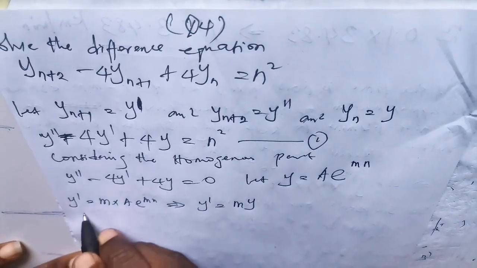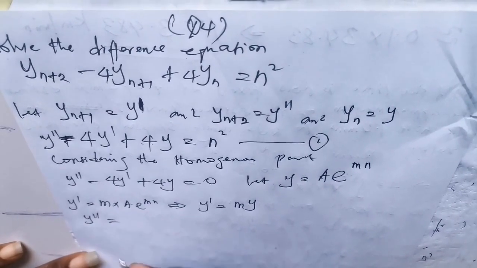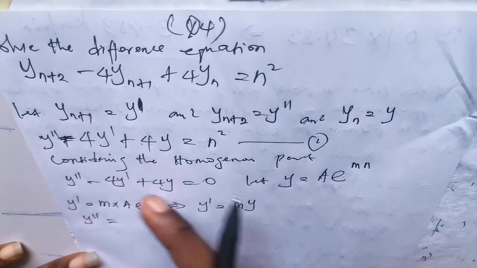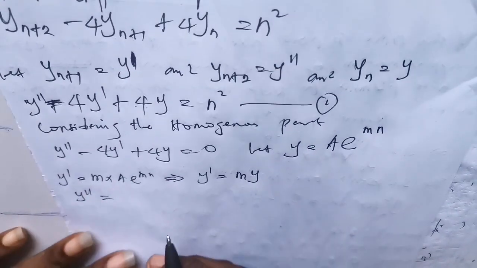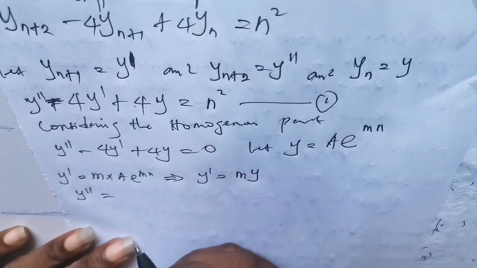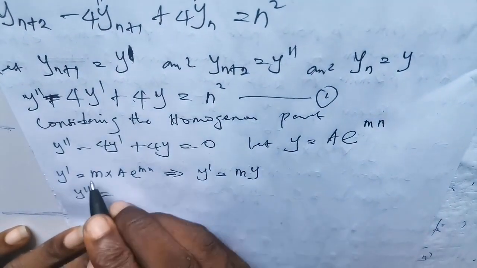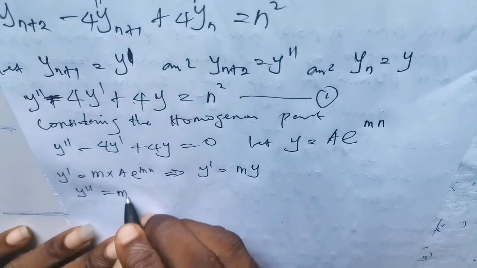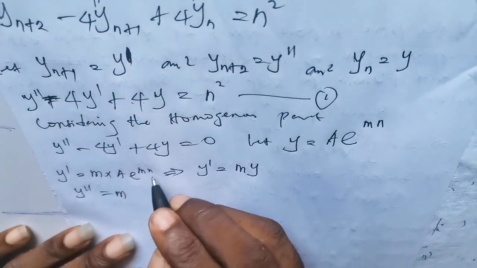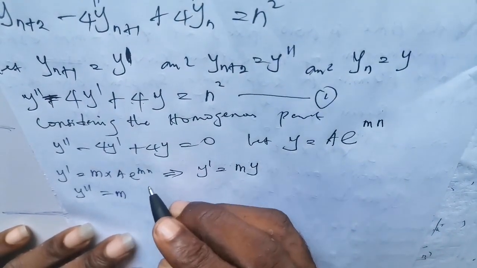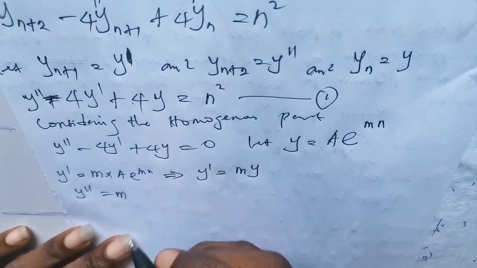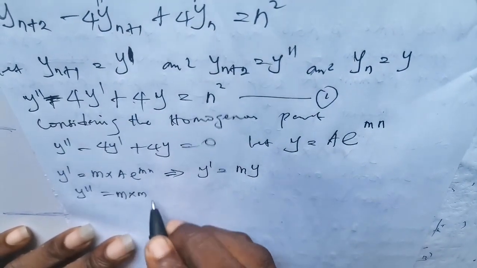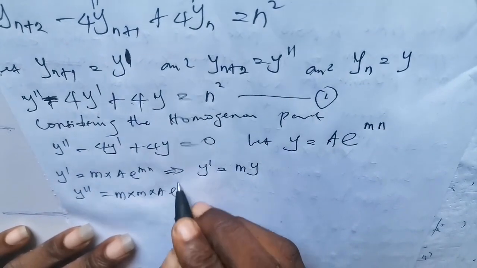Next, I'll find y prime prime, and that's equal to differentiating this function again, because this is y prime. So if I differentiate y prime again, remember, I already have m here. Keep this m aside. Now differentiate the power with respect to n. If I differentiate mn, I'm still going to have m. So it becomes m times m times a exponential mn.